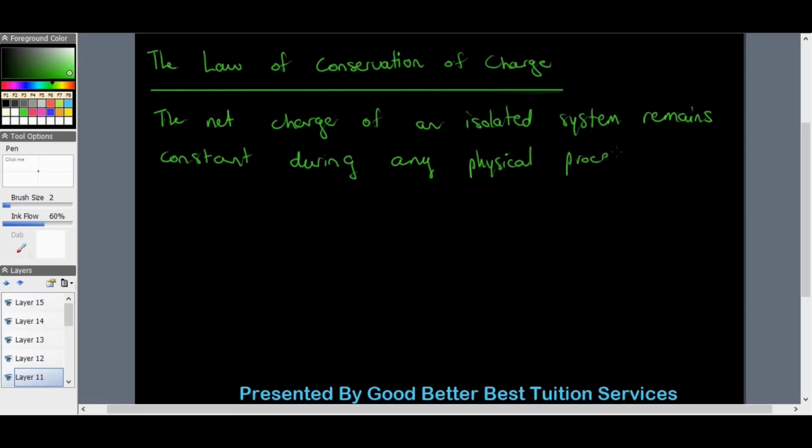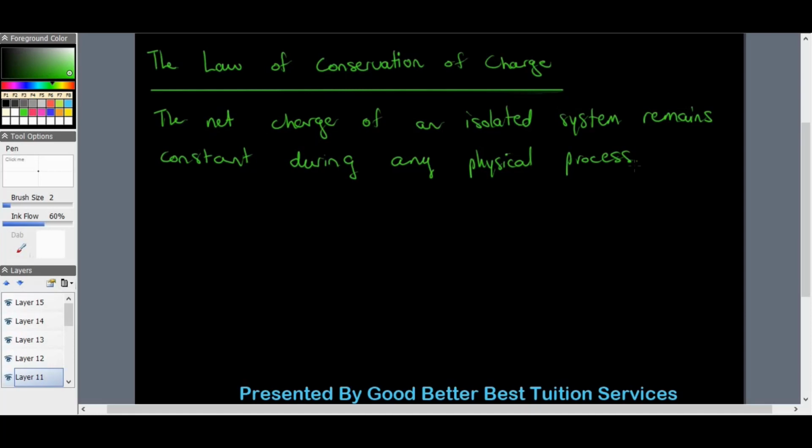So what does that mean? It means that it's in an isolated environment. Anything in an isolated system means there are no external factors that can interfere with our little experiment or reaction that is about to go down. So the net charge, or total charge, of an isolated system will always remain constant or conserved during any physical process, of course in an isolated system.